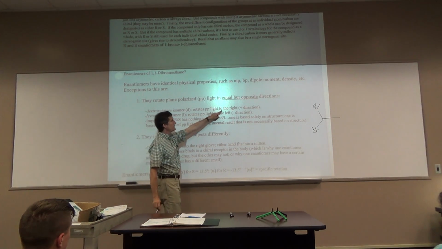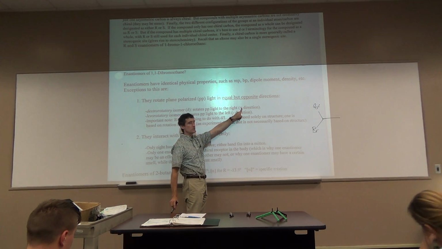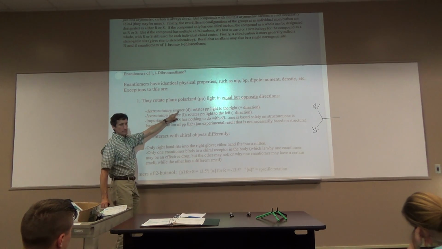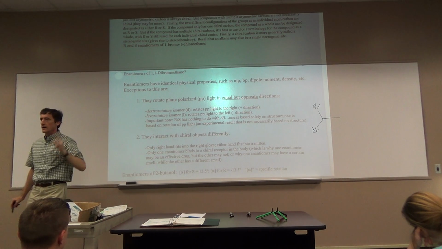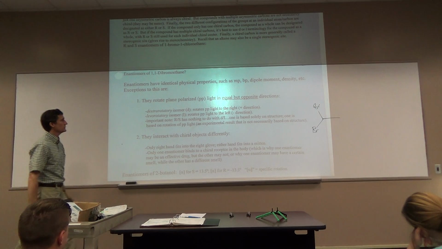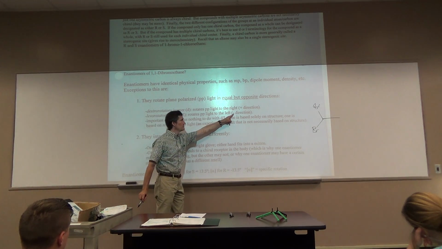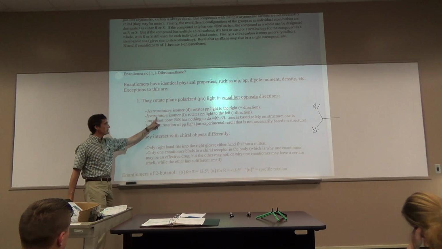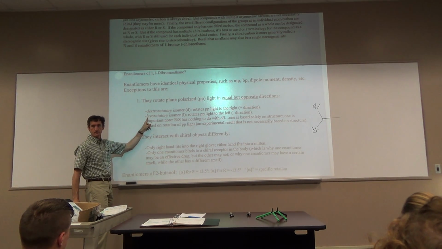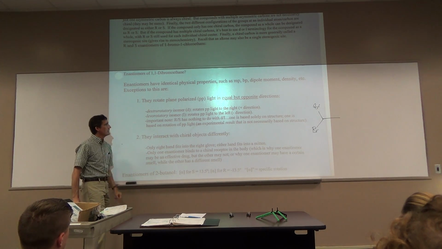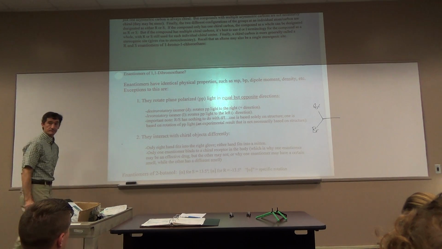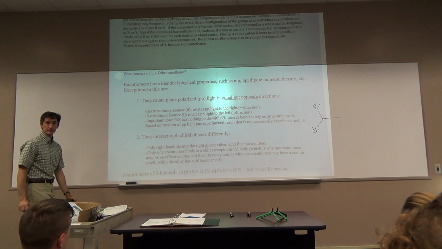If it rotates PP light to the right, which is also known as the positive direction, that's the dextrorotatory isomer, which can be labeled as D. If it rotates PP light to the left, or the negative direction, that's the levorotatory, left, levo, L. Note, R and S has nothing to do with D and L. They're totally independent of each other.